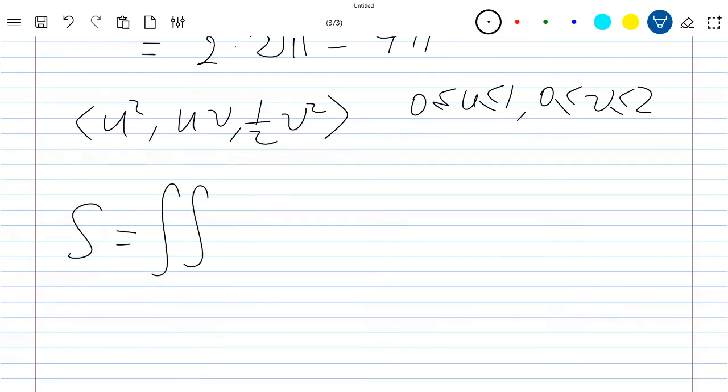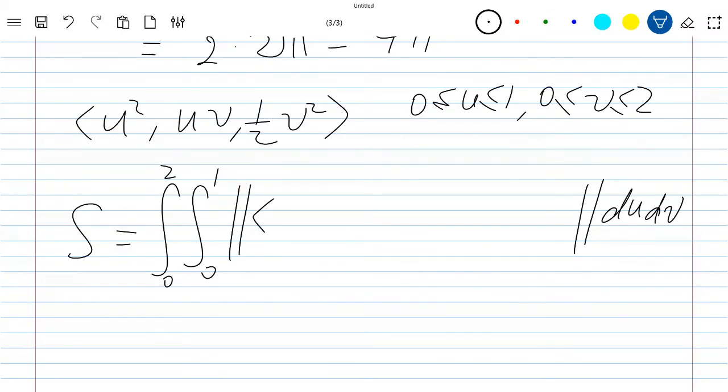Okay, so remember what to do. You have dudv, with u from 0 to 1 and v from 0 to 2, and inside it's the norm of the cross product of the derivatives, right? The u derivative equals (2u, v, 0). The v derivative would be (0, u, v).